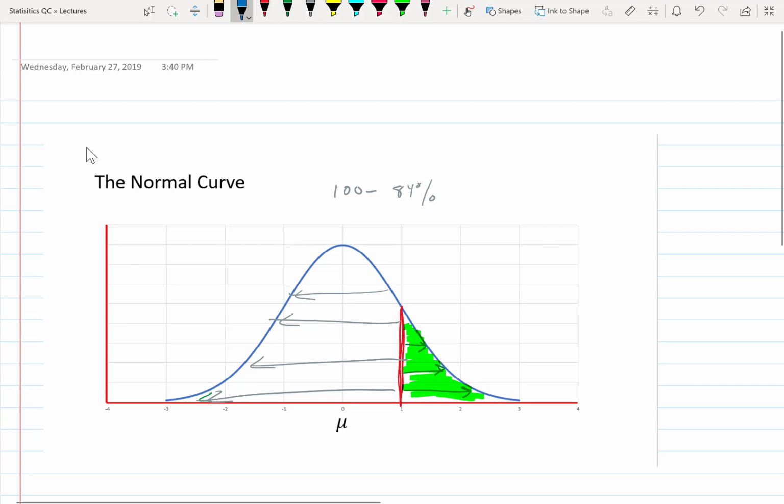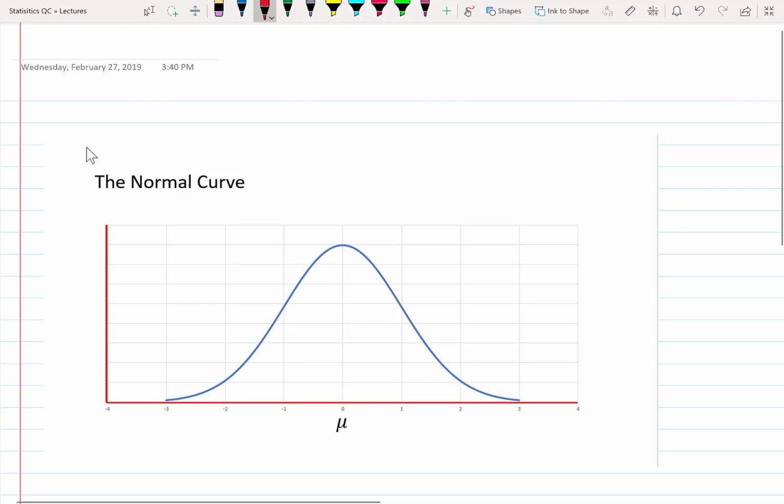And that's going to yield about 16%. So we can say that 16% of all the scores are above 1 standard deviation from the mean. Let's take a look at another one.